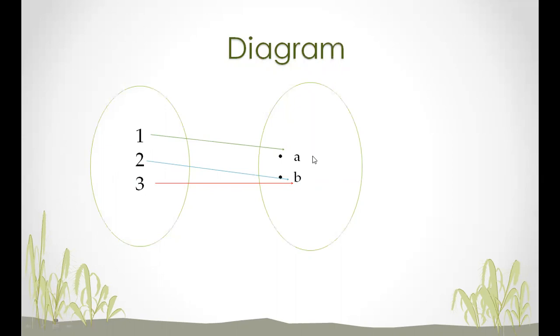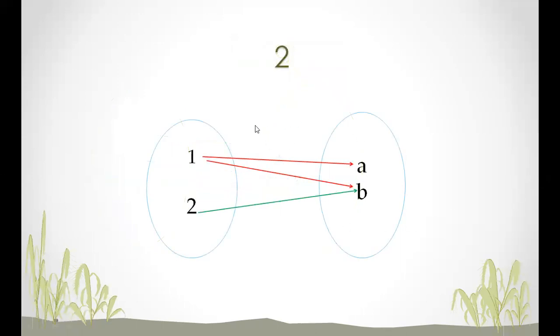So this is the graphical view of a function, our first example. In our second example, 1 is mapped to A and 1 is mapped to B, meaning the first element appears twice. That is why it is not a function, because a function clearly has two conditions. This is our first set, this is our second set, and we have to use all the elements of the set exactly once.